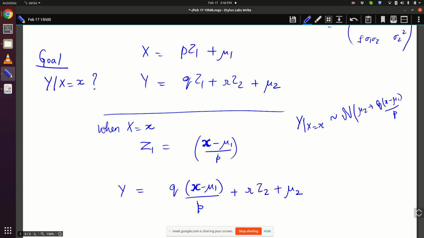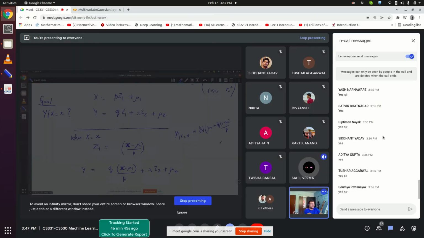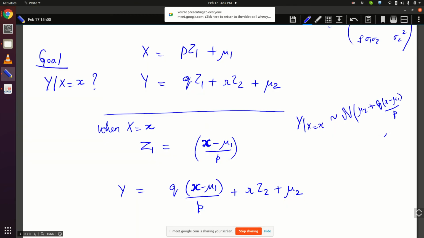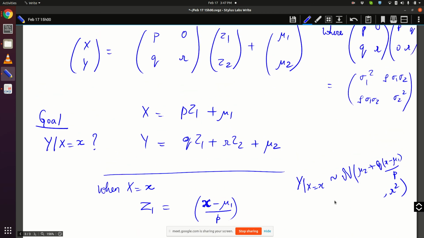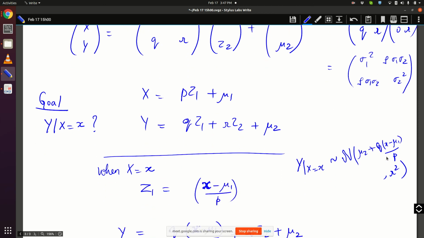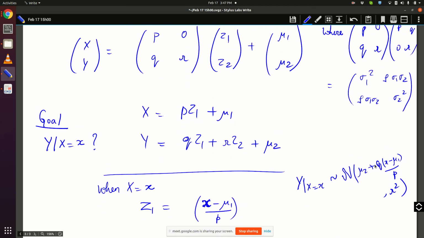Very good. And what is the variance? R squared. Okay, very good. So this is what it is. Now all we need to do is solve for q, p and r squared in terms of these parameters. That is all that is left, and we can solve for that very easily.